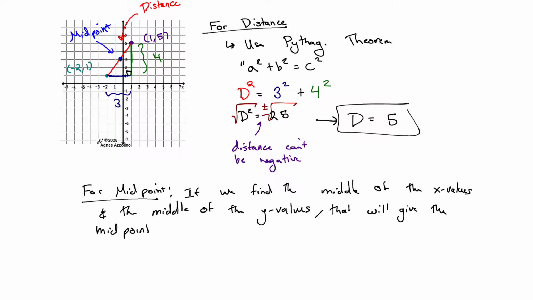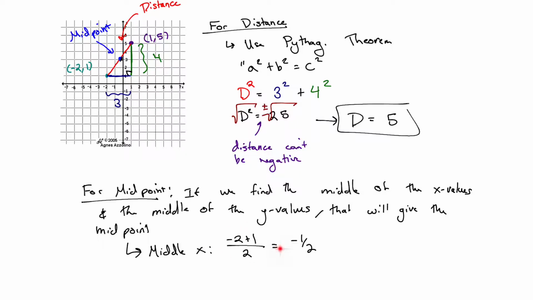So, in this context, that would mean that the middle x, well, we'll take negative 2 plus 1 and divide that by 2. We're trying to find an average. So negative 2 plus 1 divided by 2 gives me negative 1/2.